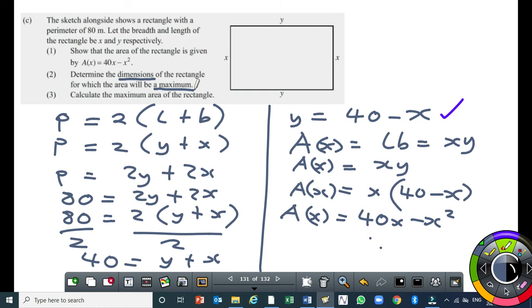When the area is the maximum, remember I said earlier, in calculus, when you are doing application, we use the concept that at the turning point, we have a maximum value or a minimum value. So if the question is saying, determine the dimensions for the rectangle for which the area will be a maximum, it means find the first derivative and equate it to 0.